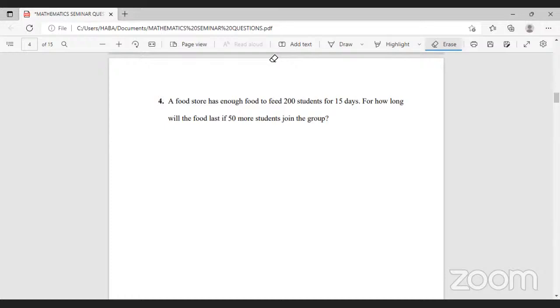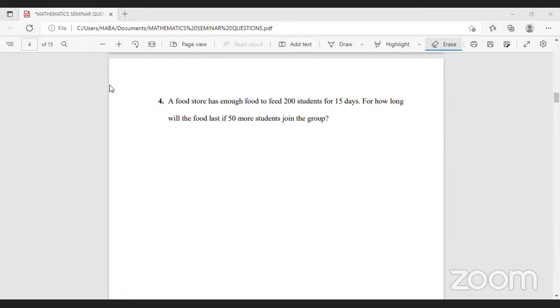Yes, can we have someone else as Peter is typing? Okay, Peter has typed in the chat that it's 250 times 15 over 200. Okay.